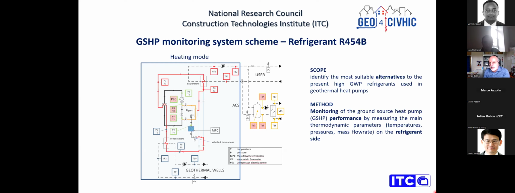So the heat pump was endowed with thermoresistances to measure the temperature, and with pressure sensors in the main points of the heat pump. And also we used a Coriolis mass flow meter to evaluate the flow rate of the refrigerant inside the heat pump.